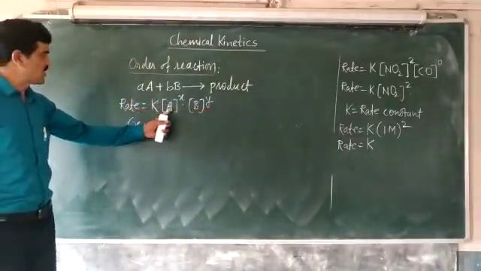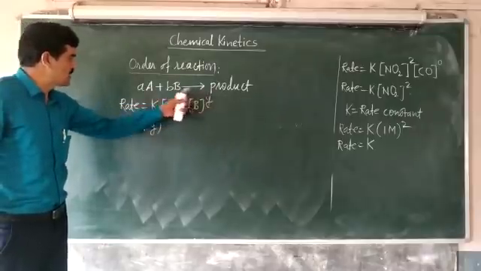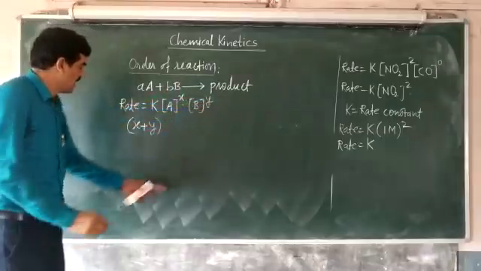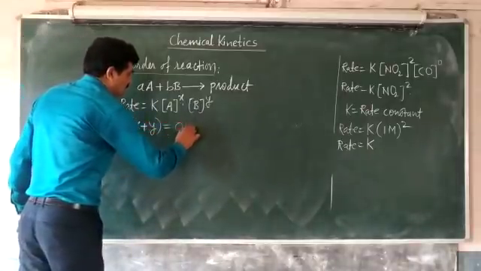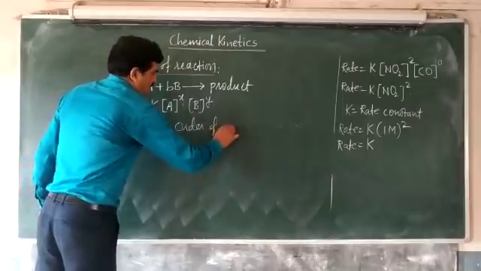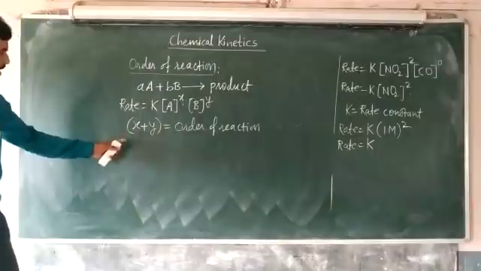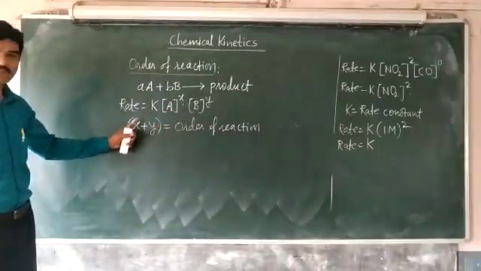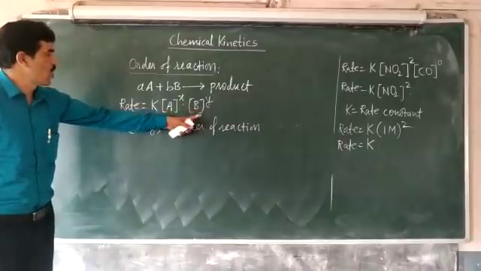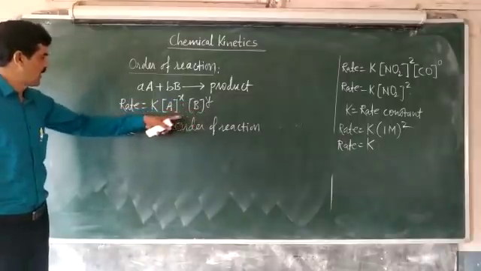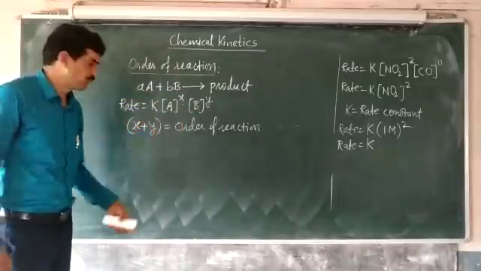There are two concentration terms and the exponents which are raised to these concentration terms are x and y, and the sum x plus y is nothing but the order of reaction. Therefore, the order of reaction can be defined as the sum of the exponents which are raised to the concentration terms of the reactants in the experimental rate law of that reaction.